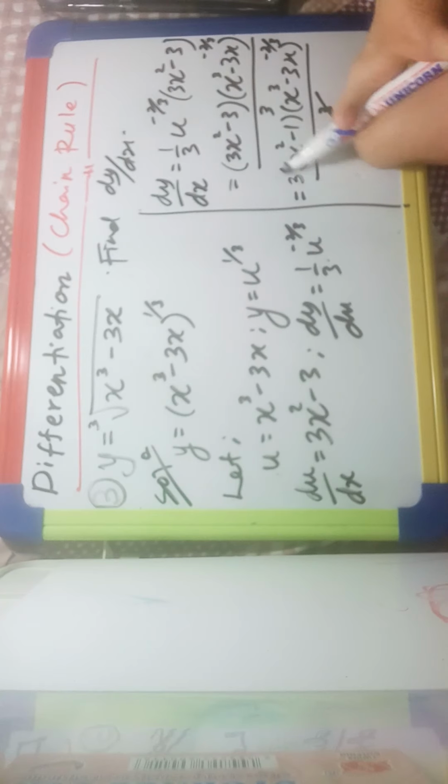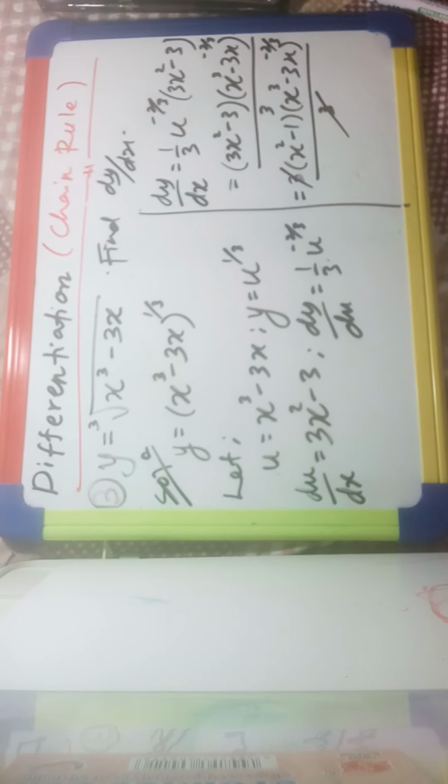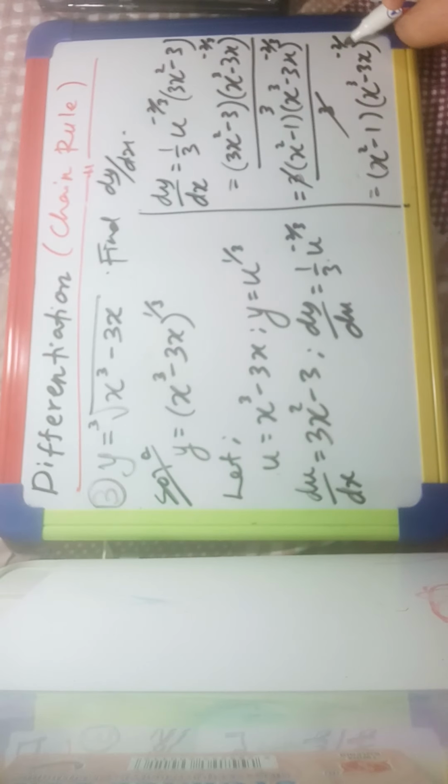Then cancel this one, what you get? X square minus 1, and then this one x cube minus 3x the power of negative 2 over 3.